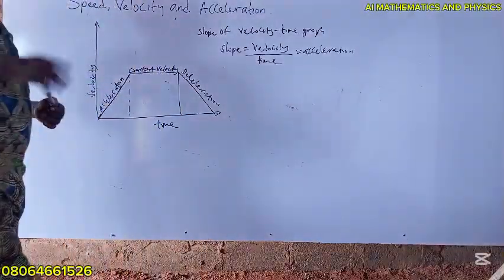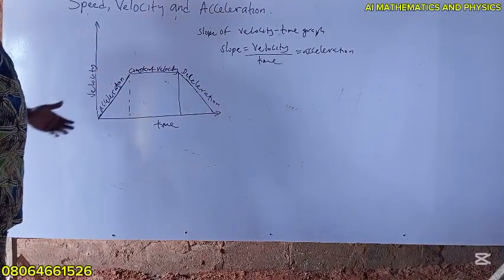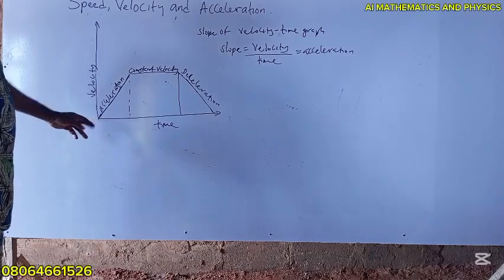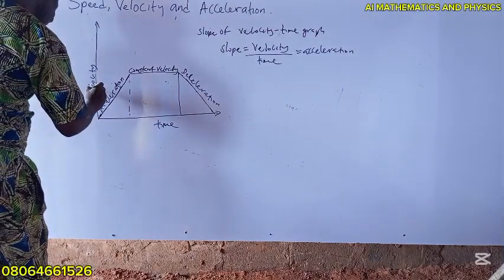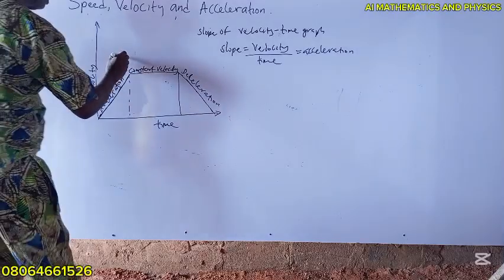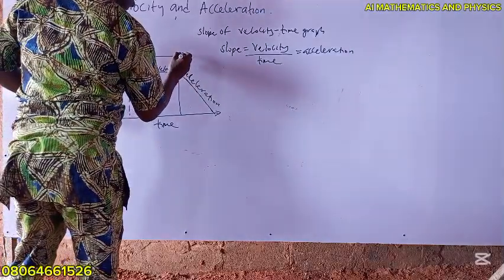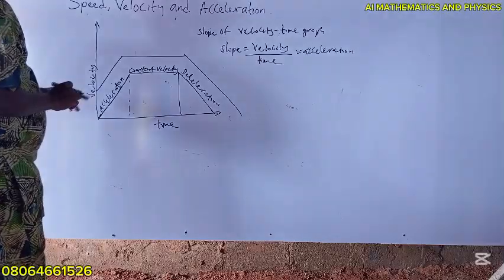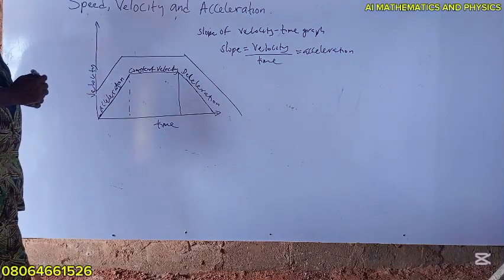When we talk about velocity, we can find the initial velocity and final velocity. Because if it starts from the origin, from here, but sometimes it can start from a certain velocity, which means you have it like this, then it moves at constant velocity, constant speed, then comes to rest. You can have it in this way, which means you can also find the initial velocity of this.